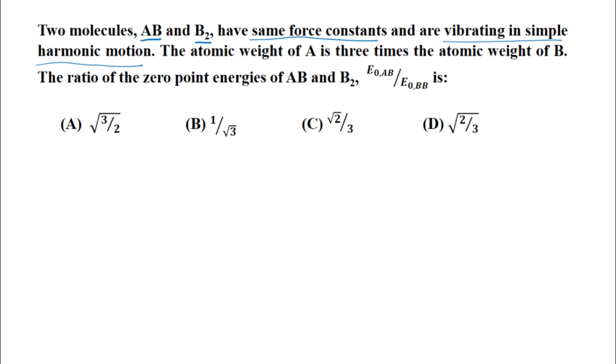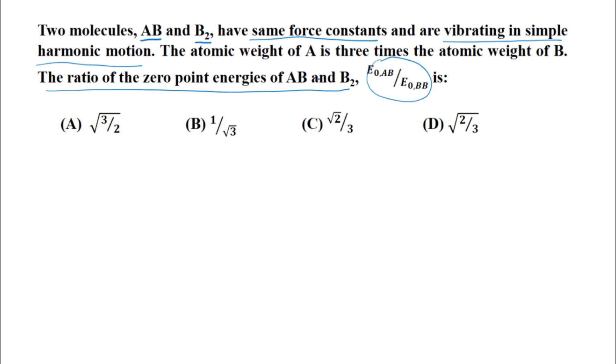The atomic weight of A is 3 times the atomic weight of B. So, we have to find the ratio of the 0 point energies of A B and B 2, that is, we have to find E 0 A B divided by E 0 B B or B 2, and this is a multiple choice question. So, we have to solve the question and see which answer is correct.